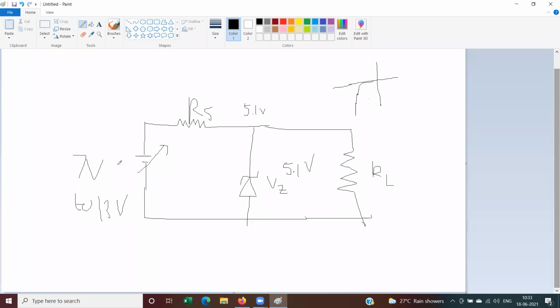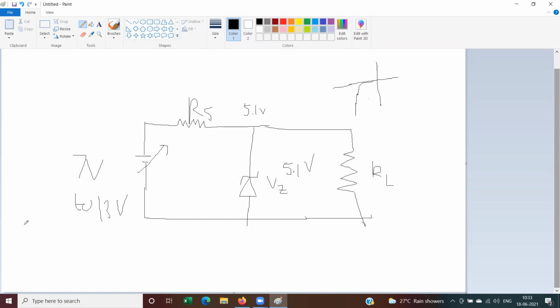See, here is a voltage source. The voltage source value can vary from 7 to 13. It will not go down below 7, it will not go up above 13, some value between 7 volt to 13 volt. Second thing, there is a load RL.